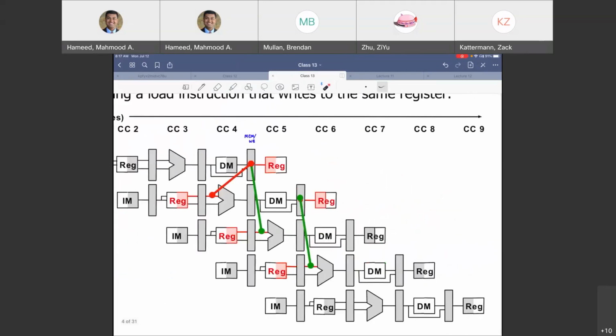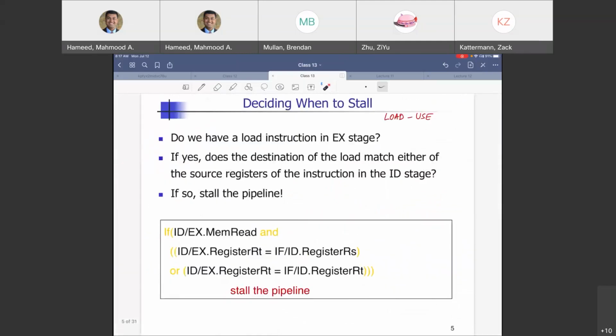So that's the first thing. You look at this MemRead. Look at the ID/EX pipeline register. Look at the control signal MemRead. If it is one, then you know what? This indicates that the instruction is a load, right?